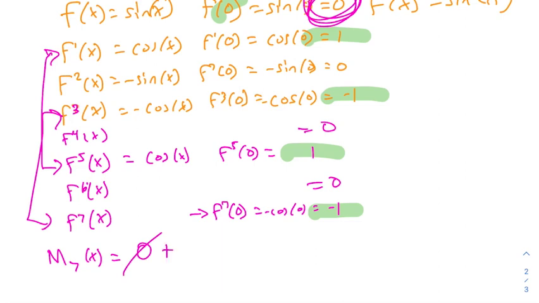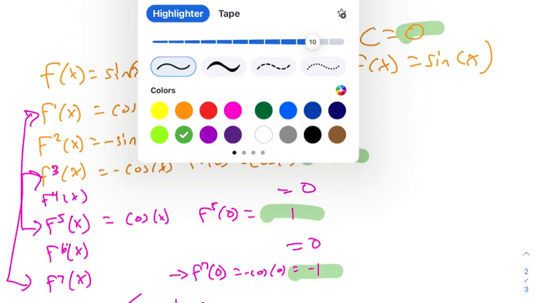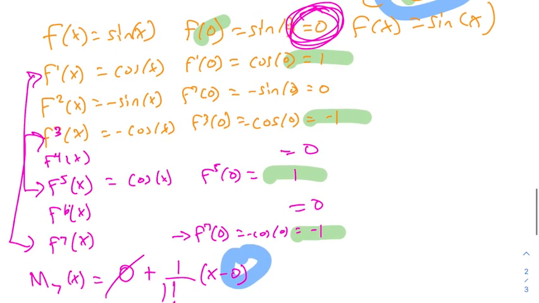So now we have, I'll write plus 1, so you can see I left off that 0 term, 1 over 1 factorial times x minus 0, my center. Okay, my center is 0. And then we'll go to the next term, which is 0. Okay, right? So then my third term is minus 1.